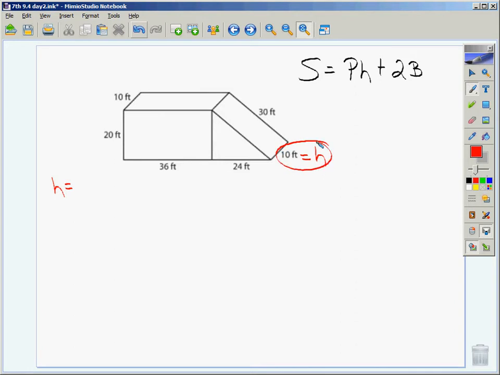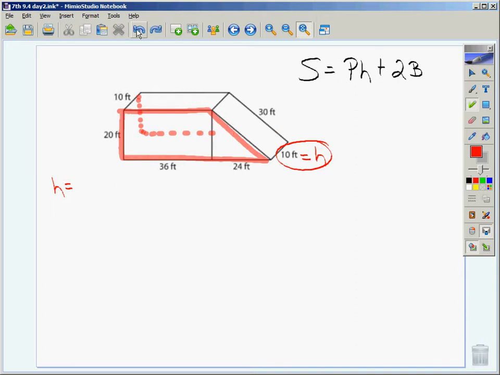Listen, it's a rectangle on the top here, but it's a different rectangle on the bottom. It's a rectangle here, it's a rectangle over here. The base is this, because there's another one just like it on the other side that's back here that you can't see. Okay? Everybody understand that?